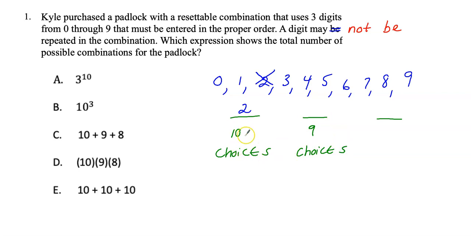Okay, let's say for the second one I chose a 4. Now, once I use the 4, I can't repeat it, so I'd have to cross this out. And then for the third digit, how many possible choices would I have now? Well, now it'd just be 8, right? 1, 2, 3, 4, 5, 6, 7, 8.